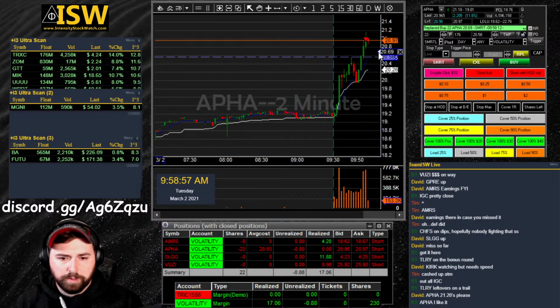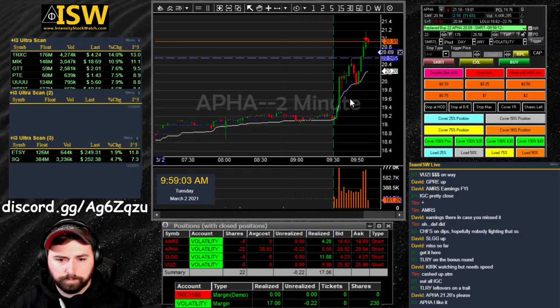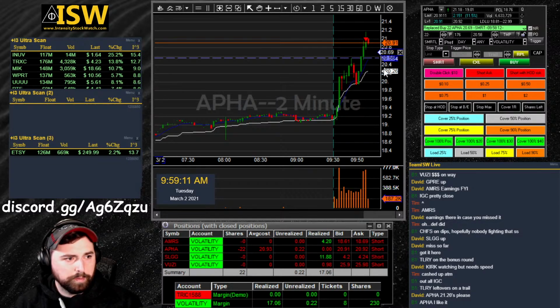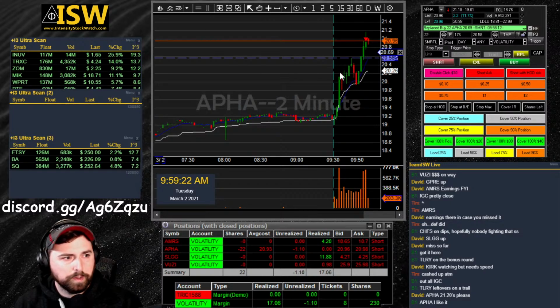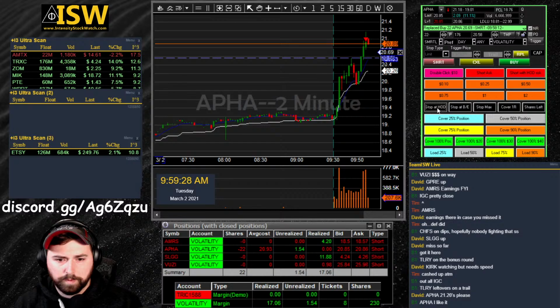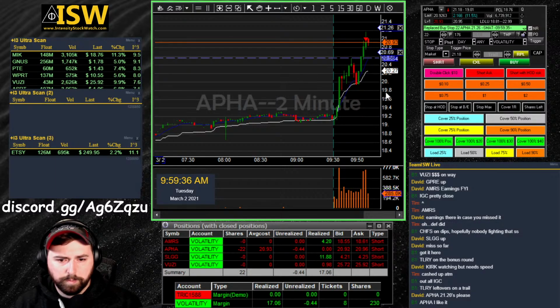This thing does not want to push down. This is either going to work or we're going to stop out probably at the highs. There it goes. It's got to get through 85. There we go. It's getting bought right back up.